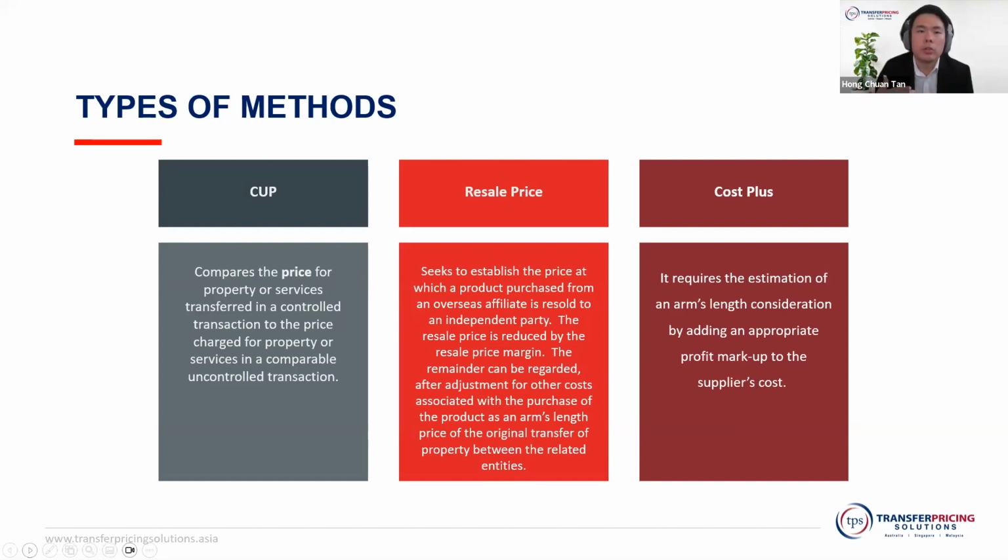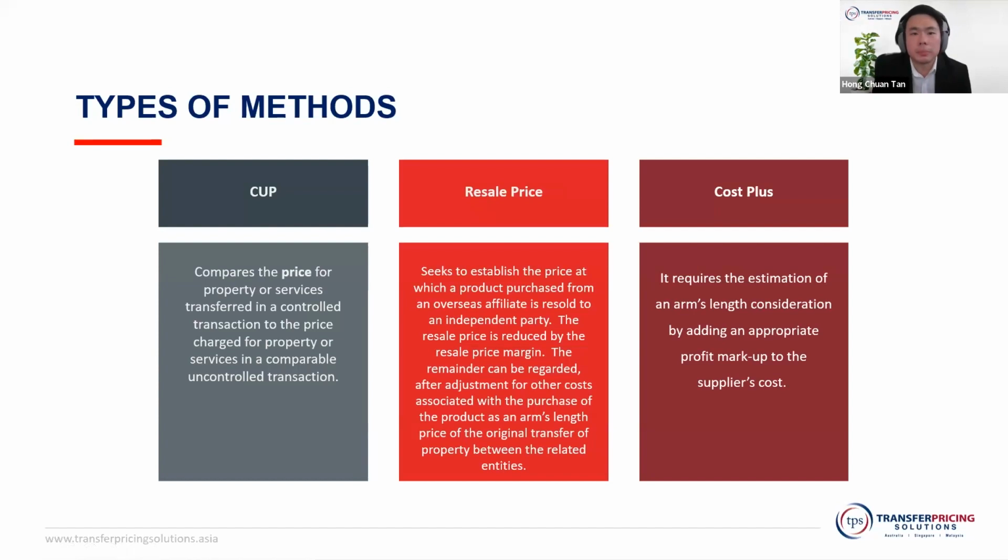So where we're looking at CUP, we have to make sure that they're highly comparable. We're looking at the characteristics as well as the terms and conditions, as well as the economic circumstances, the geographical location of that particular transaction, property or service, and only then can you select a CUP. And then going to the other two, right?